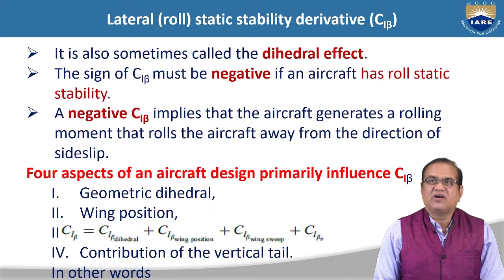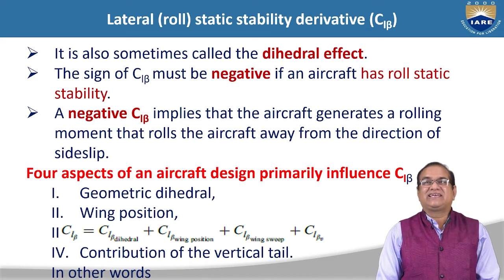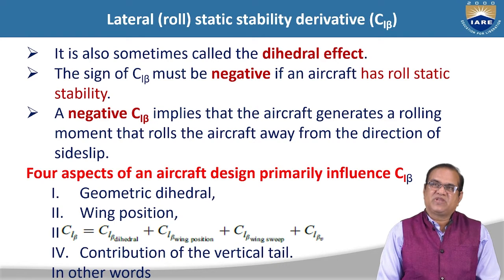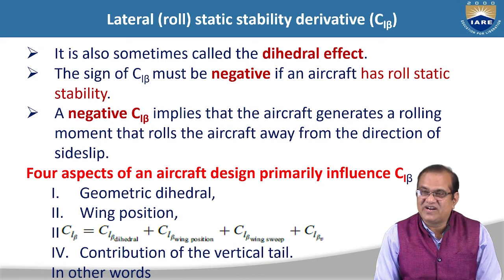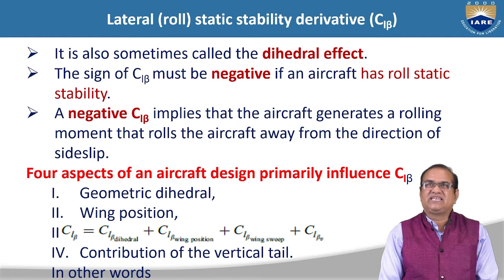Now the lateral roll static stability derivative, C_L beta, like C_Y beta. The first derivative of this lateral moment is C_L beta. It is also sometimes called the dihedral effect. This is the dihedral that we will be seeing very soon.